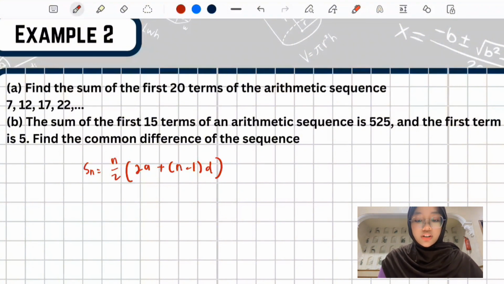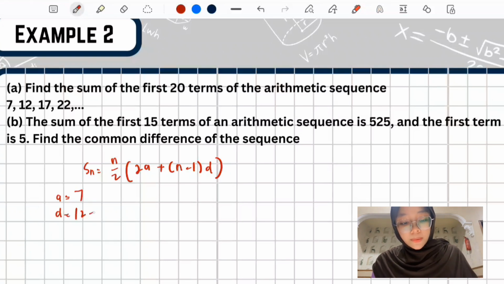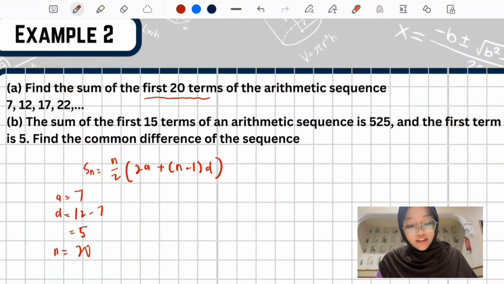The first question is: find the sum of the first 20 terms of the arithmetic sequence 7, 12, 17, 22. The first term is a equal to 7, the common difference d equal to 5, and the number of terms n equal to 20, because it says find the sum of the first 20 terms.